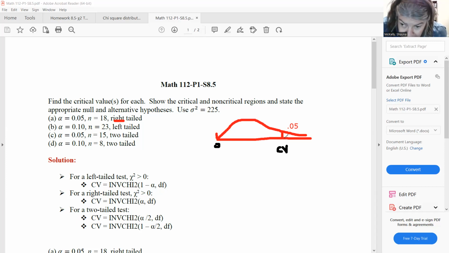inverse. So this is going to require an inverse chi situation. So it says for a right-tailed test, it's inverse chi of alpha and df. So what we're going to do is go to the calculator here.